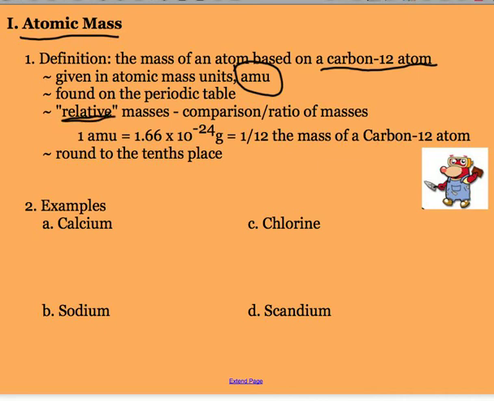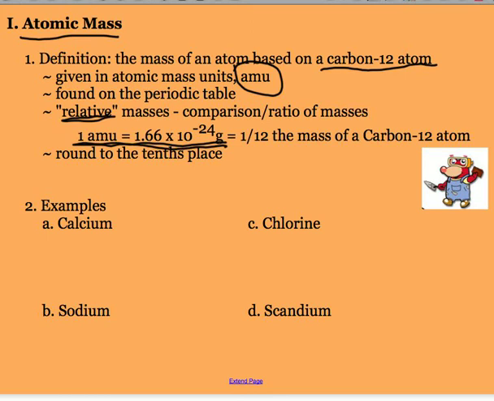They figured out the mass of a carbon atom, and then they are comparing the two. Atomic mass units is kind of vague. We don't really know what that means. So what they are saying is this is the conversion factor. If you wanted to, you could convert AMUs to grams. And obviously that's really, really small, again because atoms are really, really small.